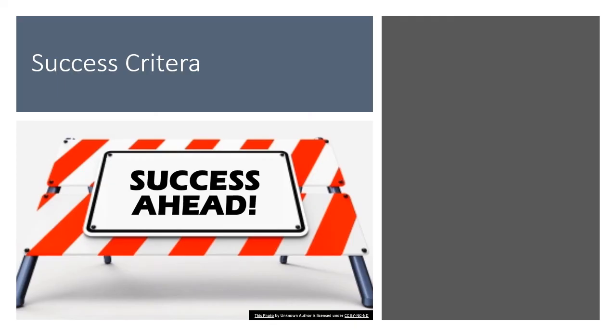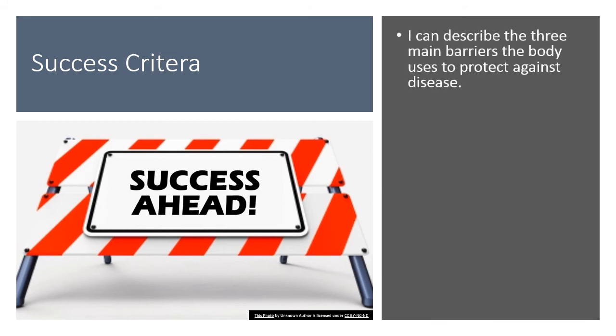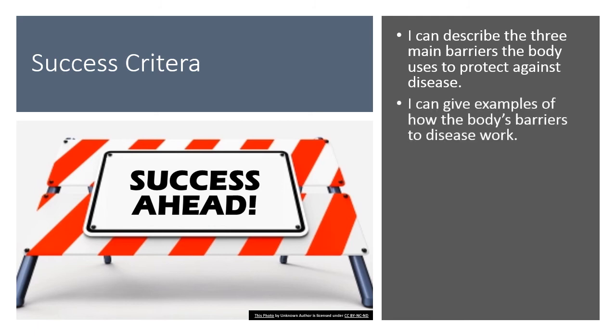So again, looking at what we've covered in this video, you should now hopefully be able to describe the 3 main barriers the body uses to protect against disease. So that's our physical barriers, our chemical barriers, and our immune system. You should be able to give examples of how these barriers work against disease to protect against pathogens.